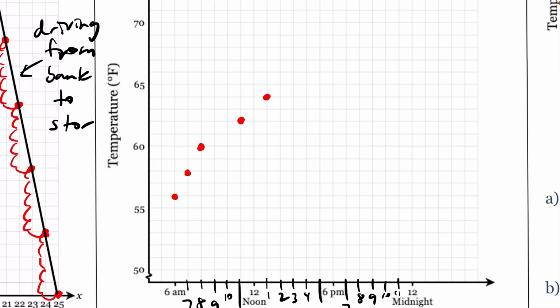Another 3 hours. 3 o'clock, 4 o'clock, 5 o'clock. We're there right now, right? 5 o'clock, it went up 2. So it's 64 right now. It's going to be 66. Okay, and we're at 5, so we stop.